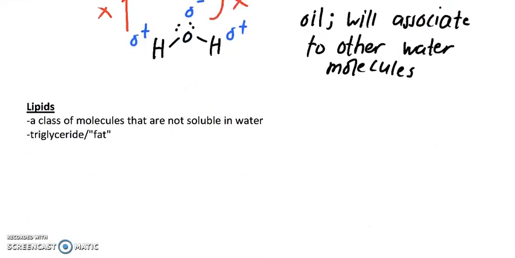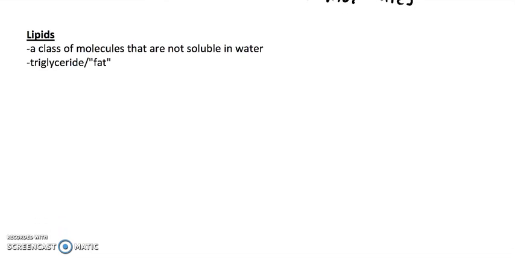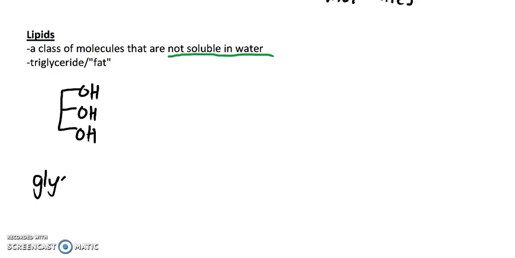Okay, so that takes care of carbohydrates. Next are lipids. And lipids is a general term for a couple types of molecules, but they're all generally not soluble in water. So the first type of lipid is something called a triglyceride. To make one, you have to take a molecule of something called glycerol. So this is glycerol.